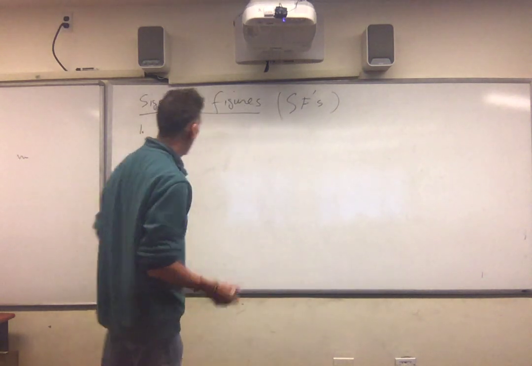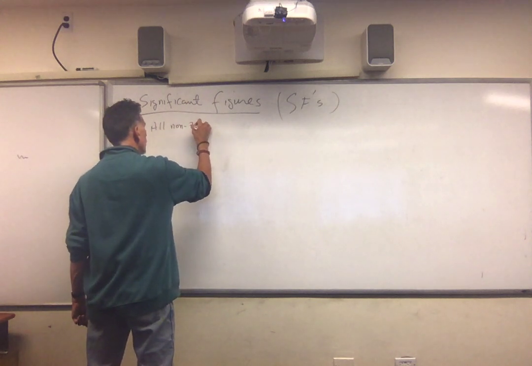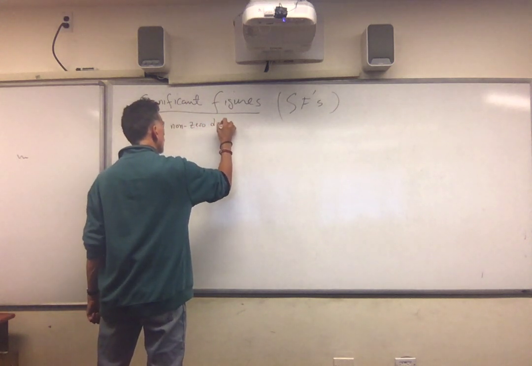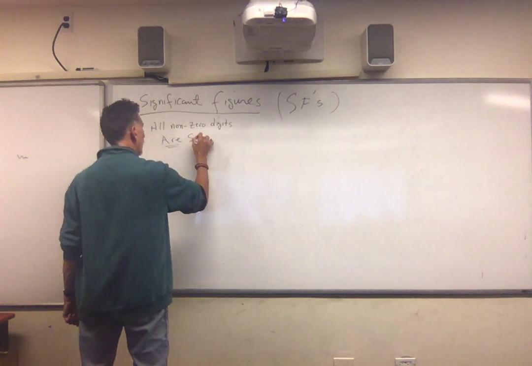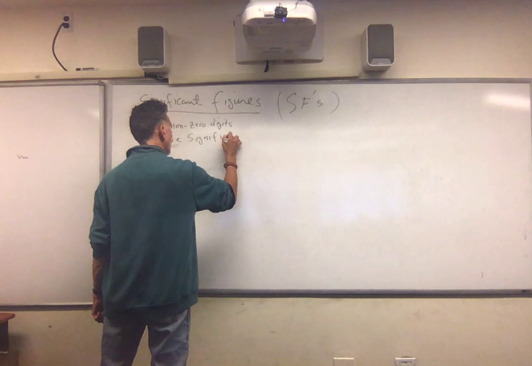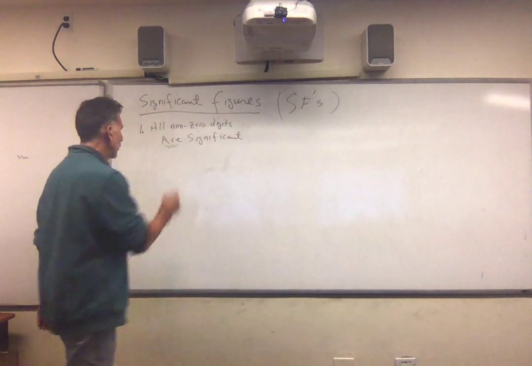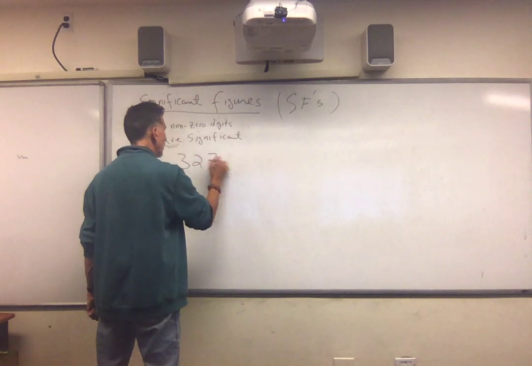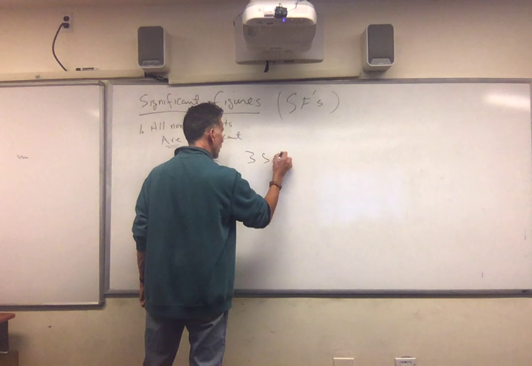First one, all non-zero digits are significant. Okay, so what do we have? 327. How many significant figures? All of them. 3 SFs.